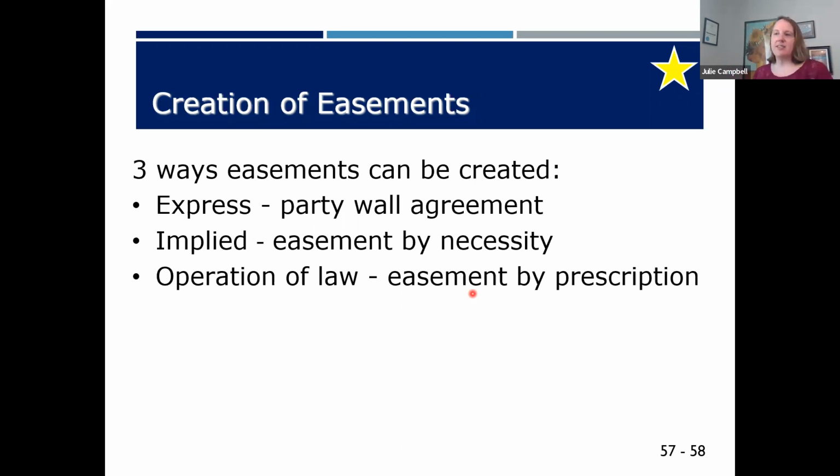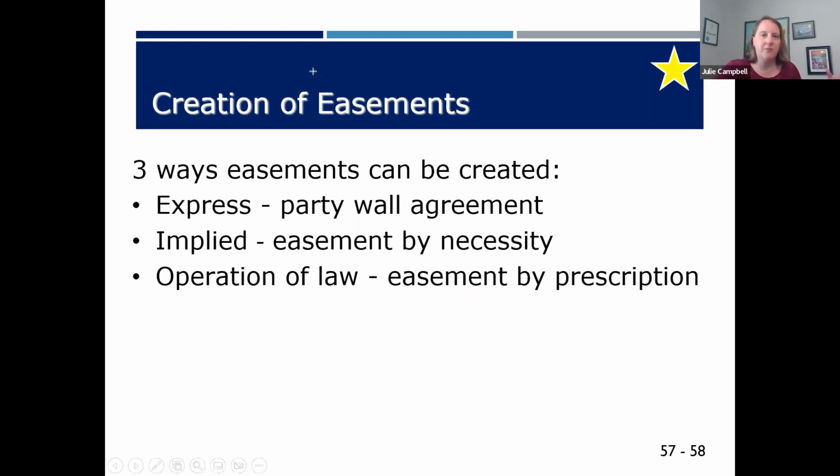An easement by necessity is an implied easement. And what an easement by necessity says is that a homeowner can't be landlocked. If you're landlocked, you are denied access to or from your property.